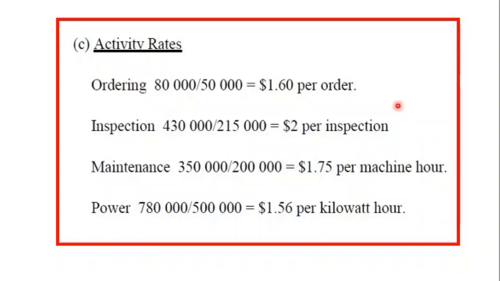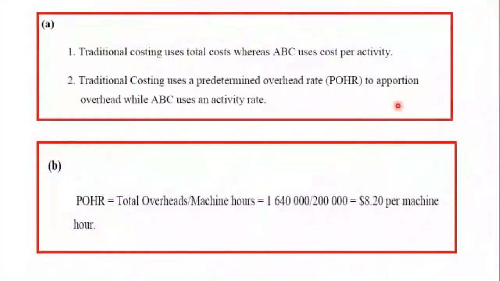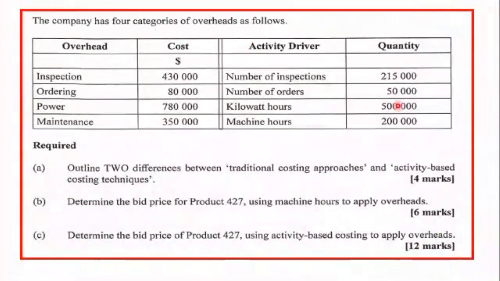Okay, so let's back up a bit and look at the table with the rates. They're coming from here. This is the overhead cost for inspection, and this is the number of inspections. So if you want to find the rate per inspection, you have to divide this by this. And same thing with ordering. You take the number of orders and you divide the cost by it to get the activity rate.